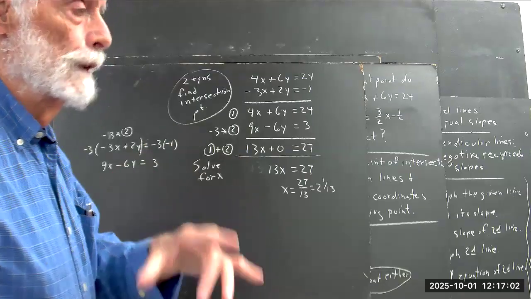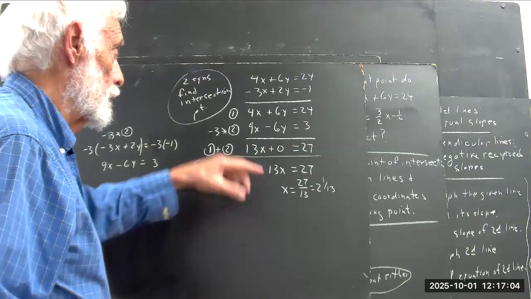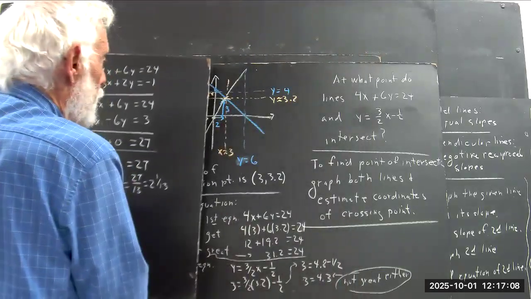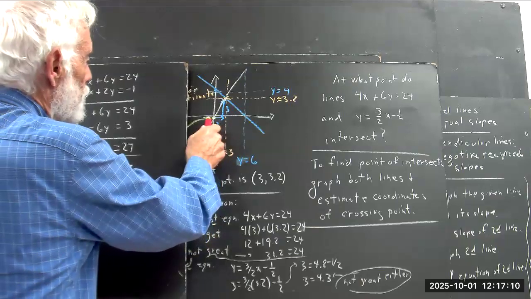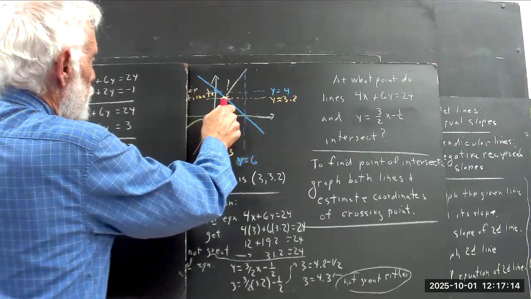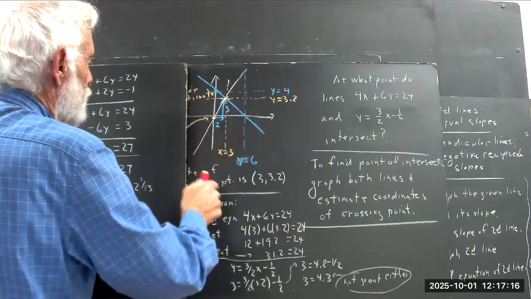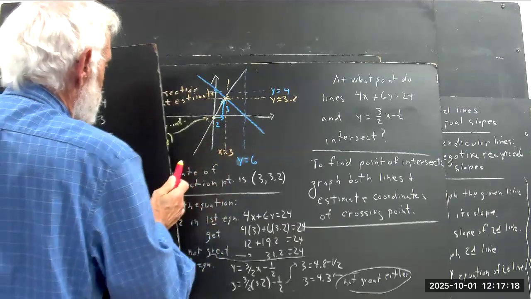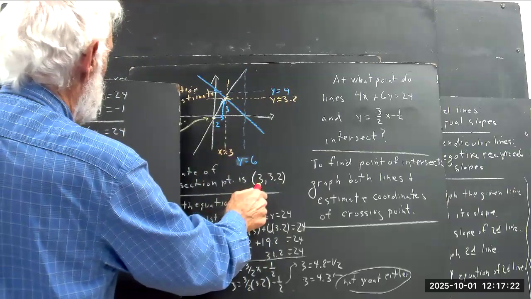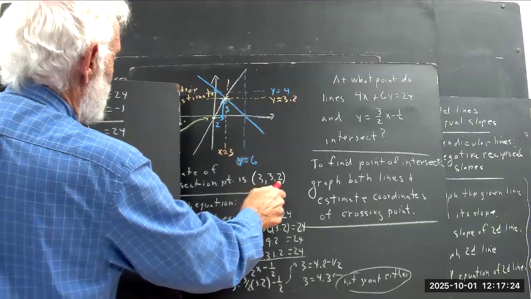If I've done this calculation right, done everything right to this point, it tells me that this point should have been just a little bit to the right of x equals 2. Instead of having coordinates 3, 3.2, the coordinates were like 2.07 and something.